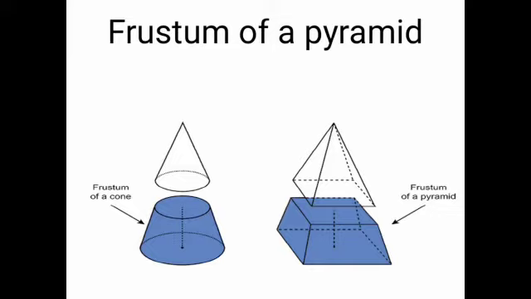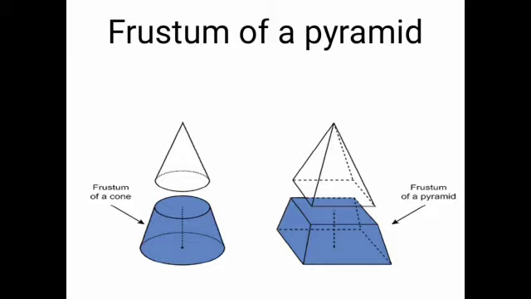That's the same procedure we undertake to have a frustum of a pyramid. On the right side, you can see that a pyramid has been cut, and the upper part remains a small pyramid, and the lower part remains a frustum of a pyramid.